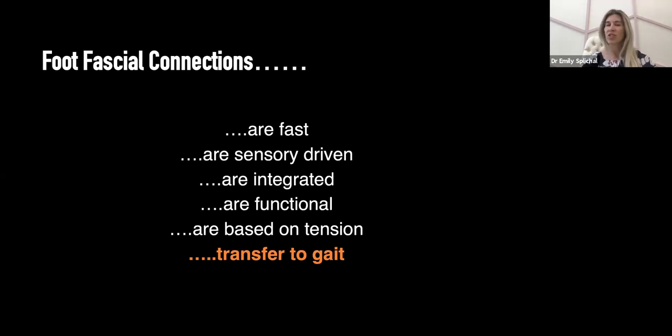Foot fascial connections are based off of tension. So this is also really important, that this concept of tensegrity, integrated tension, you bring that integrated concept back into it. Now, fascial connections, because they're based around tension, you could think of it almost like your soft tissue skeleton against gravity.